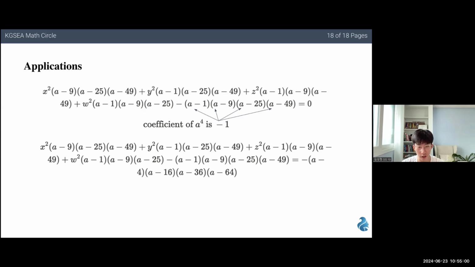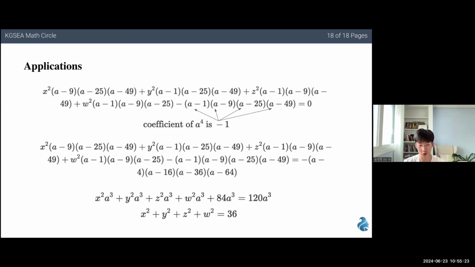And if you simply look at all of the a cubed terms of both sides, then you get this equation. And just equating the coefficients on the left and right hand sides and subtracting 84 from both sides, you'll get that x squared plus y squared plus z squared plus w squared is equal to 36.